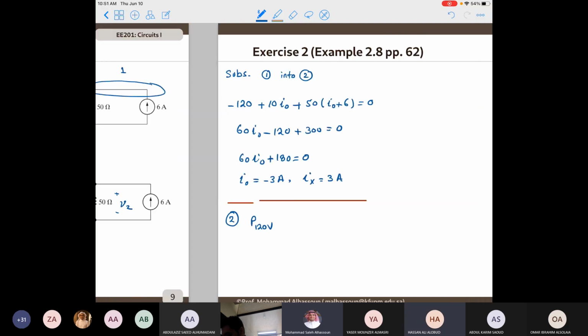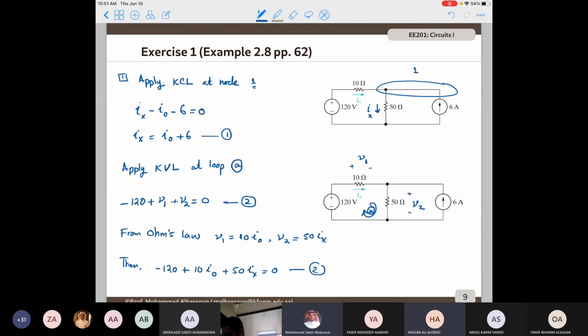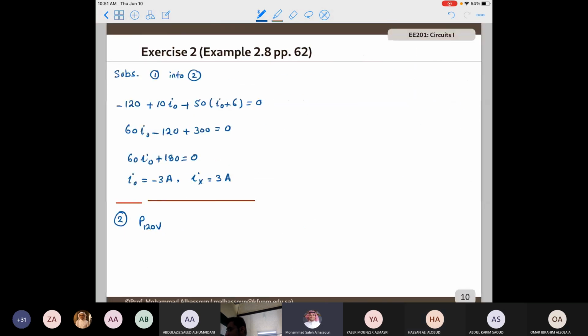It will be 120 times 3. Actually, Hassan, it's always good to refer to the passive sign convention here. But it's always positive, right? No, it's not always positive. 120 volt, this is the source. The source could be positive or negative.